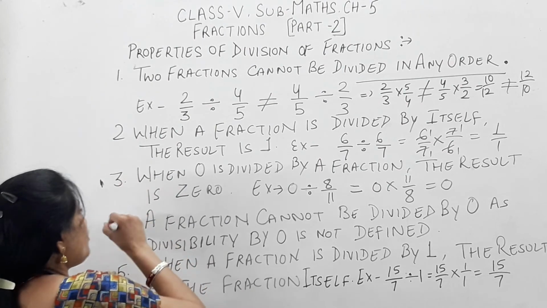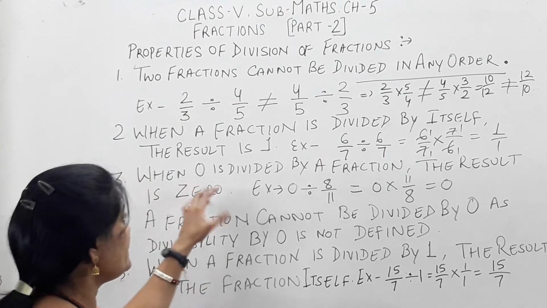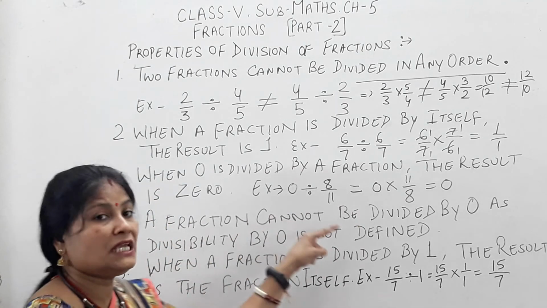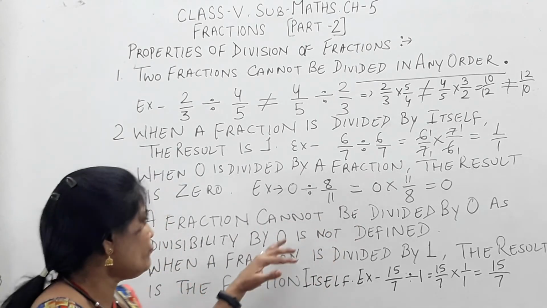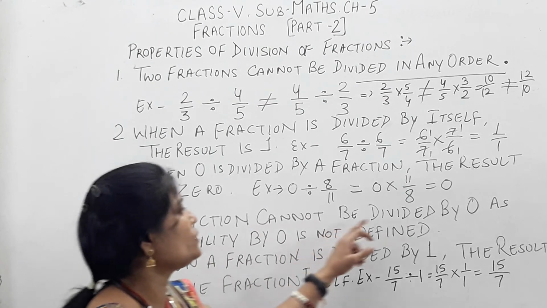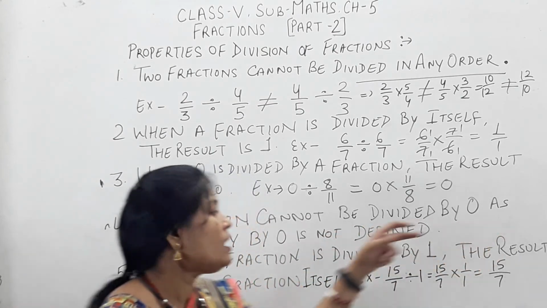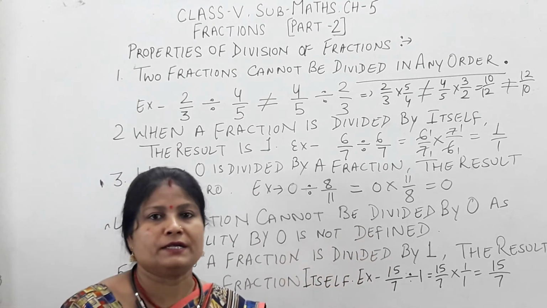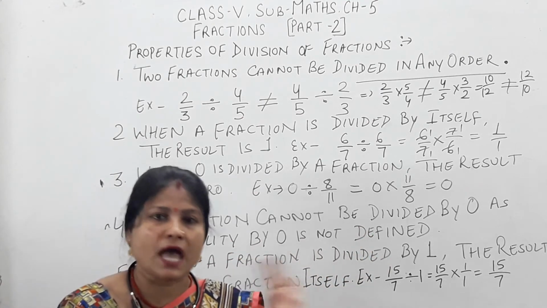Both are very important, because 0 can be a dividend but not a divisor. A fraction cannot be divided by 0, as division by 0 is not defined.